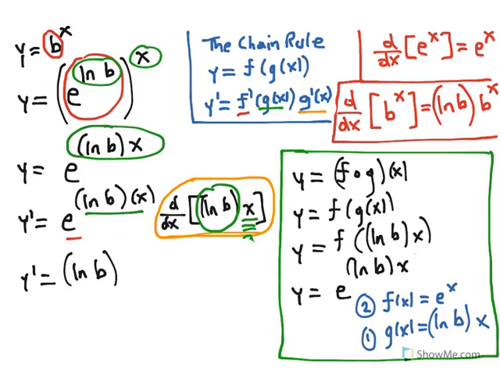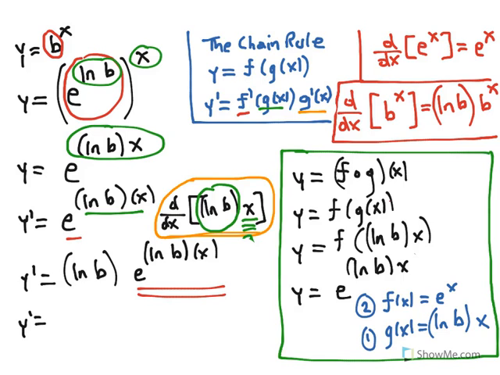So I write the derivative of the inside function, natural log of b, and then I have e to the natural log of b times x. And now I'd like to go ahead and use properties of exponents to rewrite what I have here so that it would be b to the x.